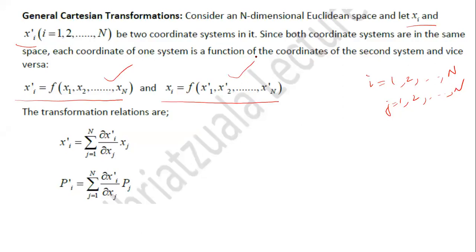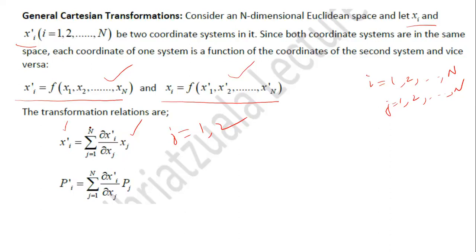And we just found out that here the j summation is up to 2 only, but if I have n dimensions, the coordinate variables in primed and unprimed will be related using this transformation relation with a summation j running from 1 to n. If I have n-dimensional space, the j summation will run from 1 to n.